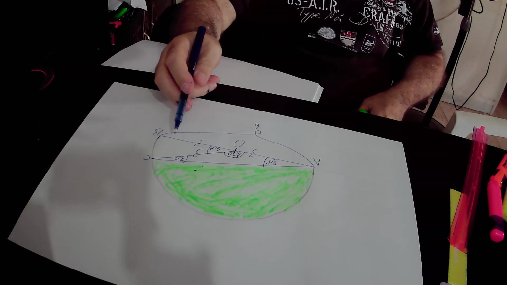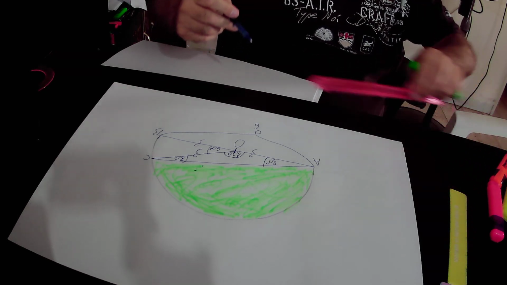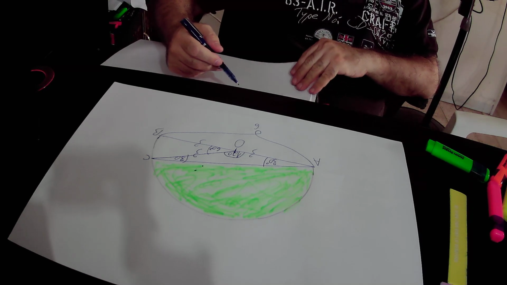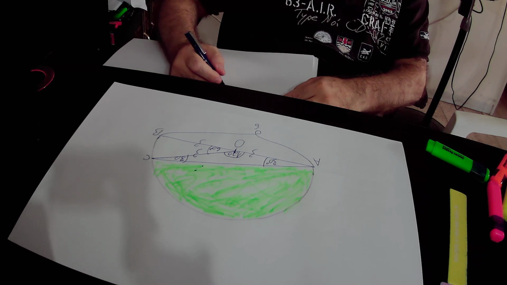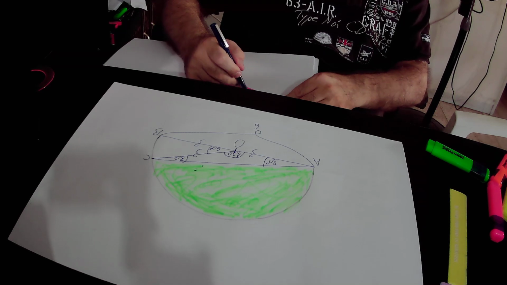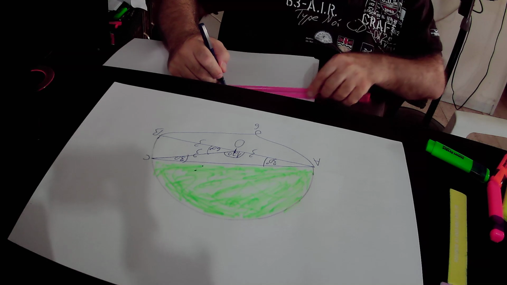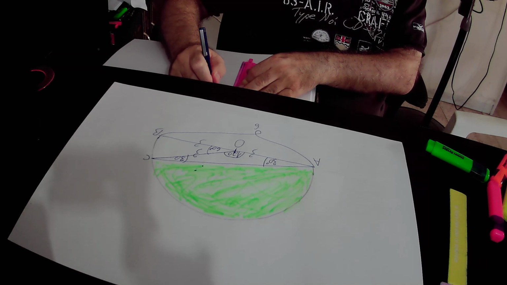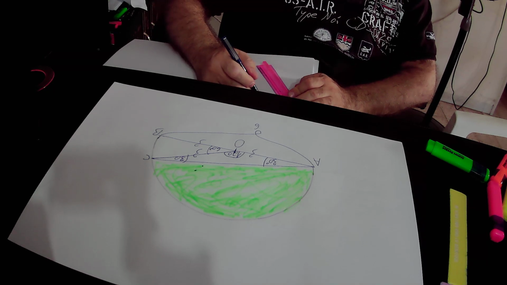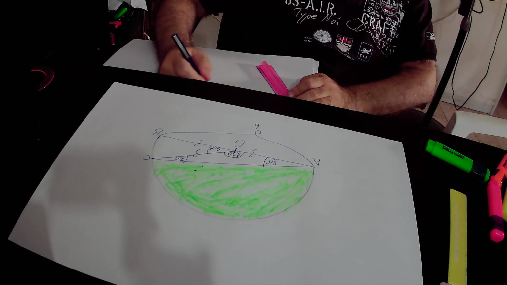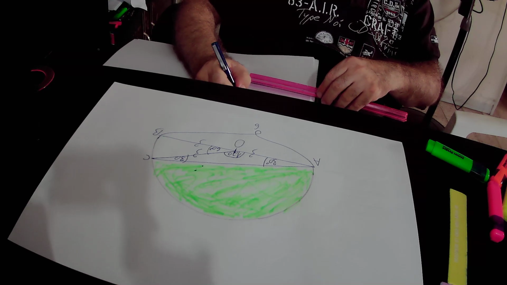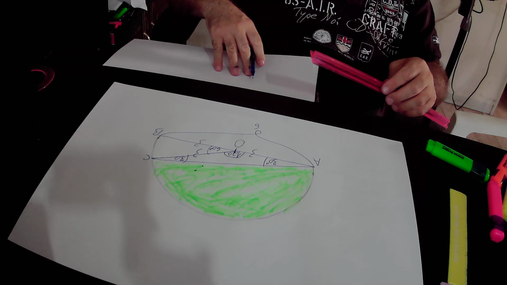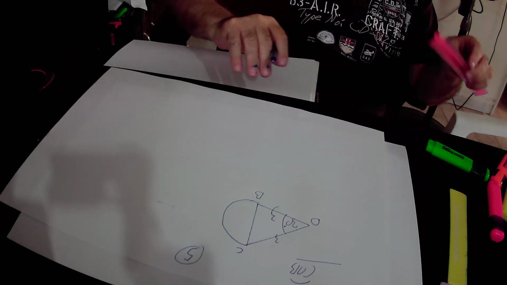So in the next step, I will copy sector COB onto a new page and find the area of this sector, sector COB, according to the new formula. So this is sector COB, copied from the original drawing.